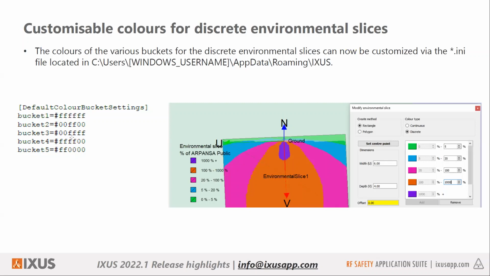So you can see whatever color you would require, add it here, open your modeler, and then new slices that you create or new buckets will be updated with these colors. Now, this is just an example. That's not probably a practical example, but nonetheless, it illustrates the point.